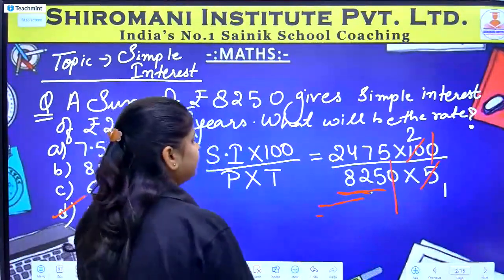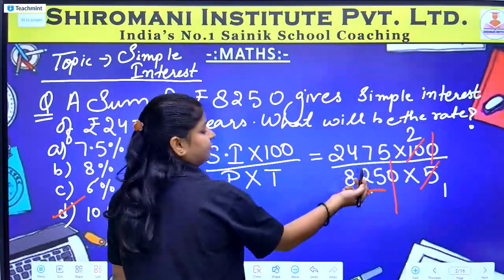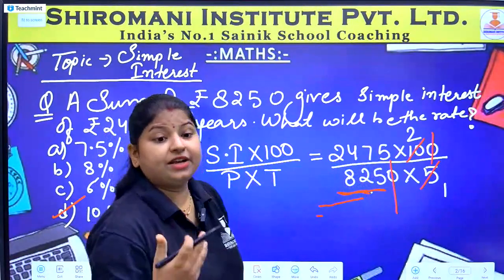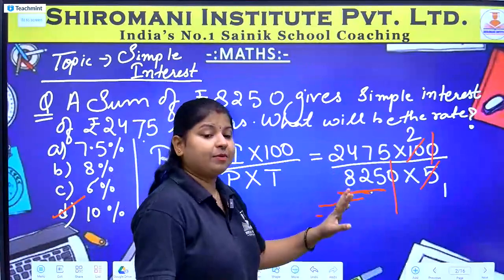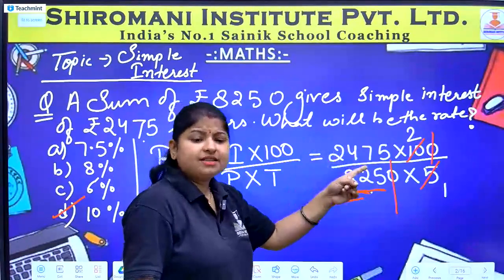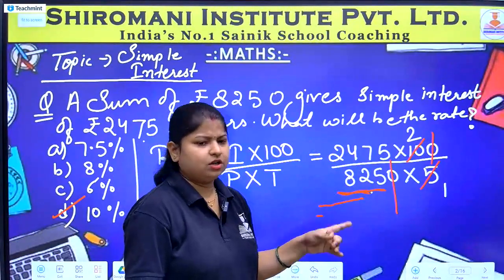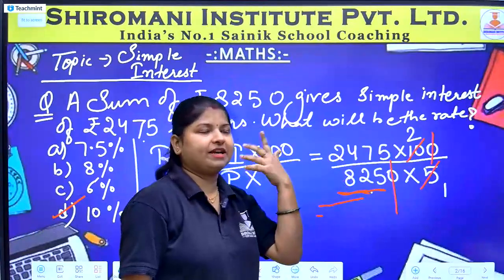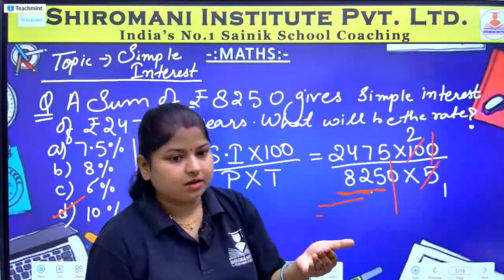Between 825 and 2475, I can try, not always, but sometimes it might be possible that the number given in the numerator is a multiple of the number given in the denominator. So when I multiply the table of 8, 8 2s are 16, 8 3s are 24.